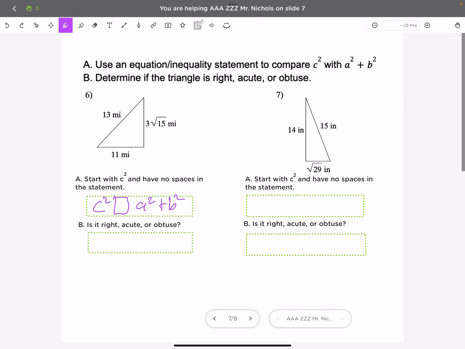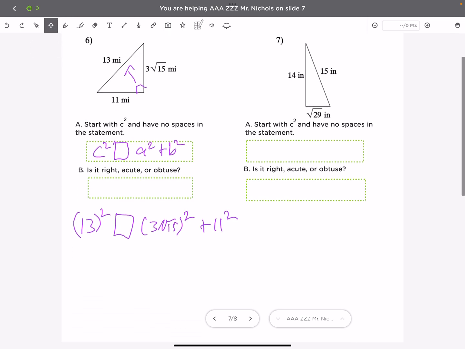And in this case, you can kind of tell by what looks like the right angle. You can also tell because c squared should always be the biggest value when you square it. So this is going to be 13 squared compared to 3 root 15 squared plus 11 squared, right? 13 squared is just 169.